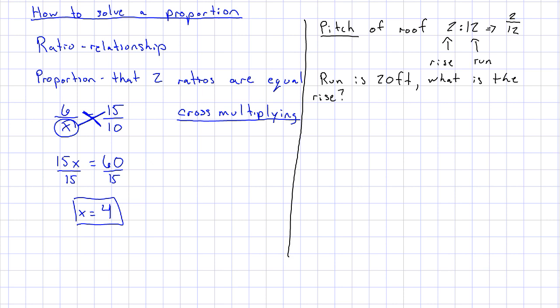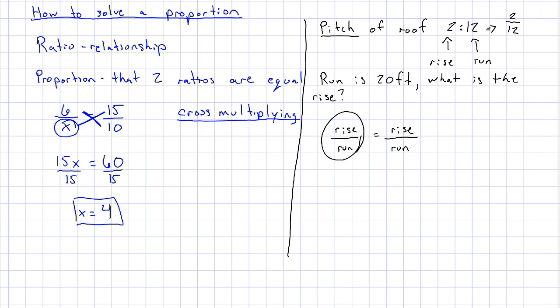So this is kind of an implied proportion problem, right? They give me one ratio, and then they tell me some piece of information. So what I need to do is I need to have rise over run equals rise over run. But I need to be matchy-matchy.